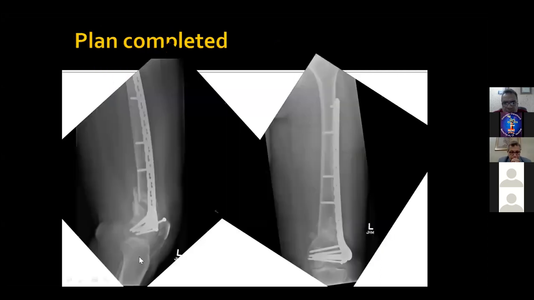But this is an example of how we do MIPO fixation of the distal femoral fractures. We use screws here to restore the articular surface outside the plate, and then we put a MIPO plate and we put screws in the distal component and the shaft like this.